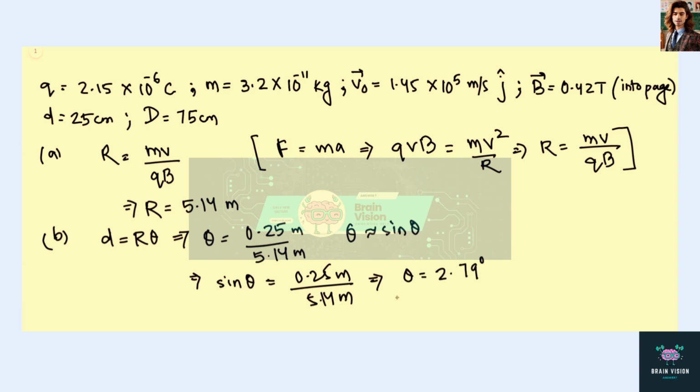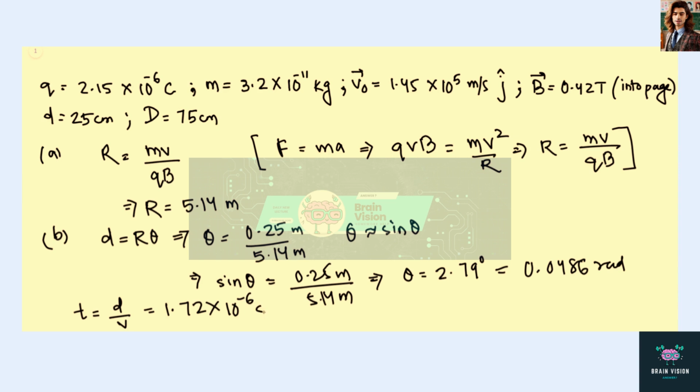Yes, and in radians this is equal to 0.0486 radians. And since the velocity is constant here, the time will be given by distance over the velocity, and we get the time to be 1.72 times 10 to the power minus 6 seconds.